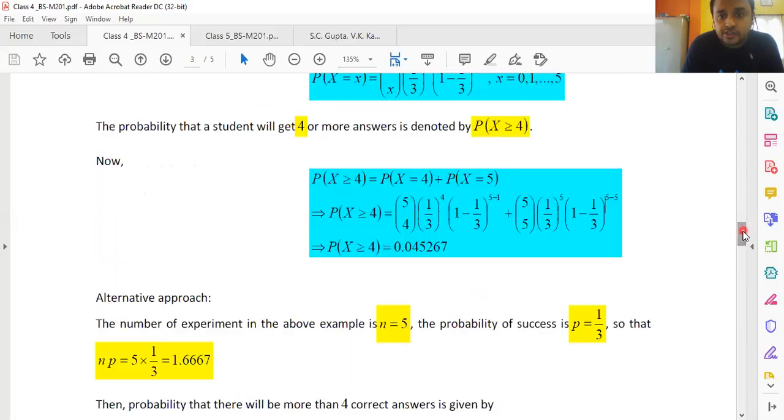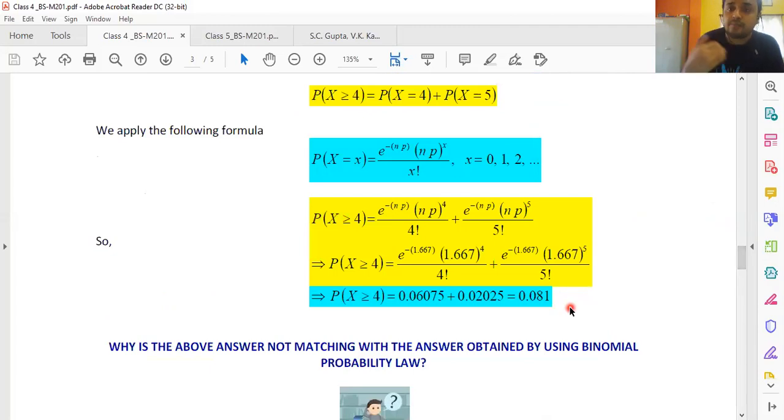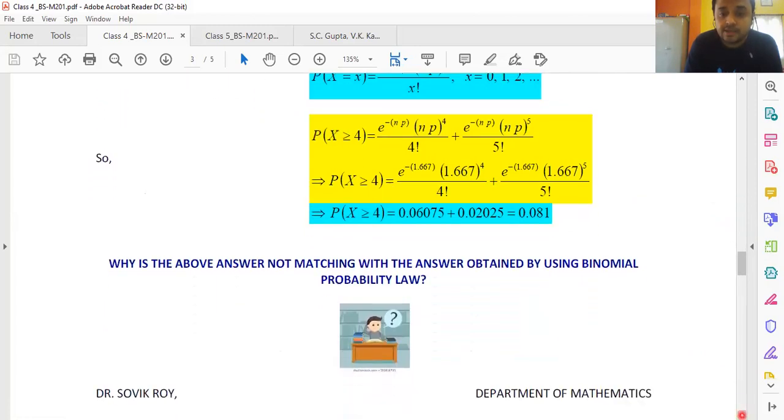When I write 0.045, that means out of 1,000, 45 times it is happening that he gets 4 or more answers correct. And when I write 0.081, it means out of 1,000, 81 times he gets 4 or more answers correct. So why is the above answer not matching the answer obtained by using the binomial probability law? This is the question coming to your mind.